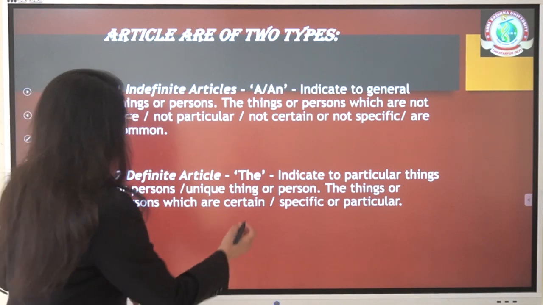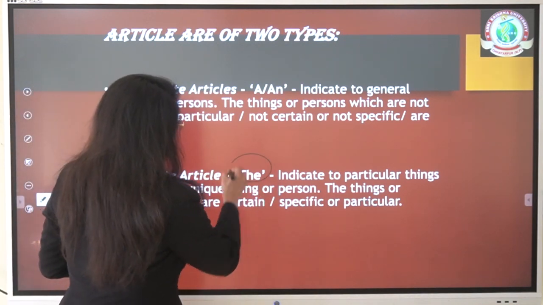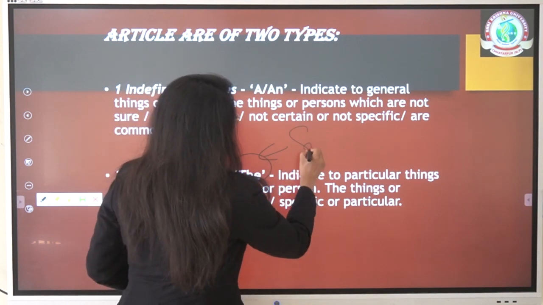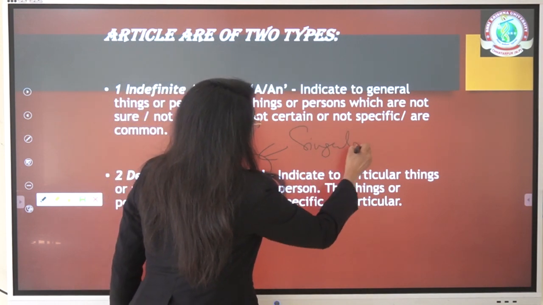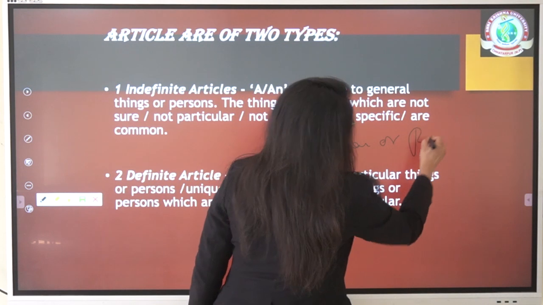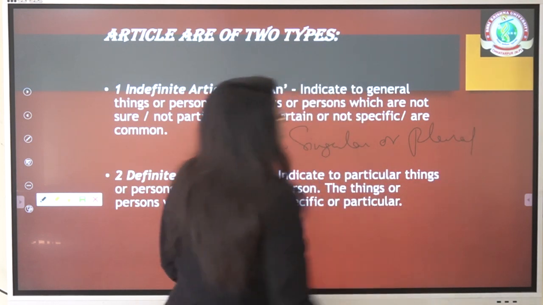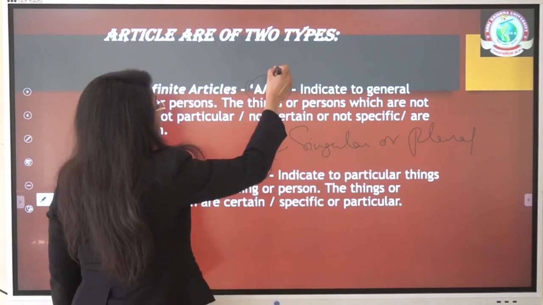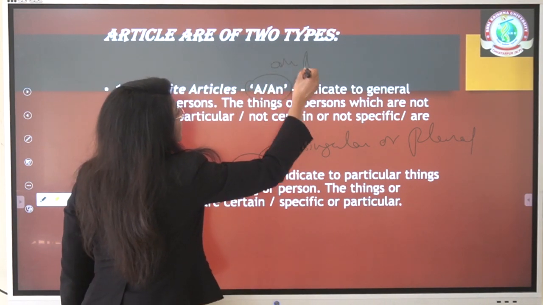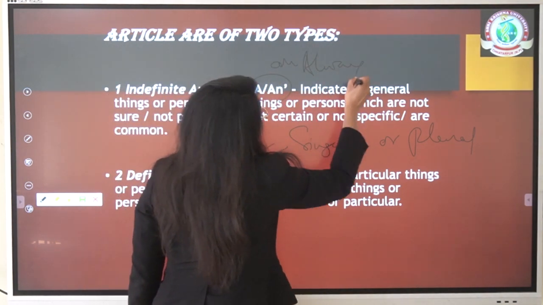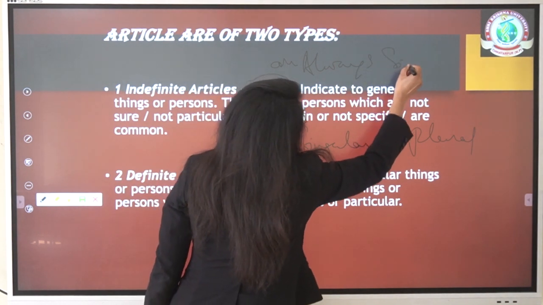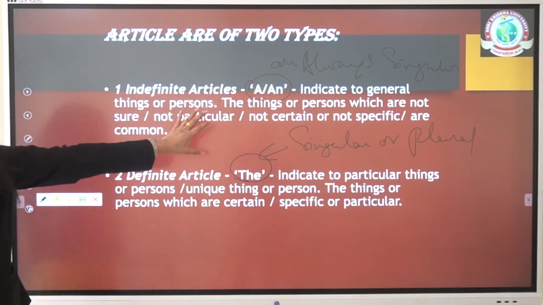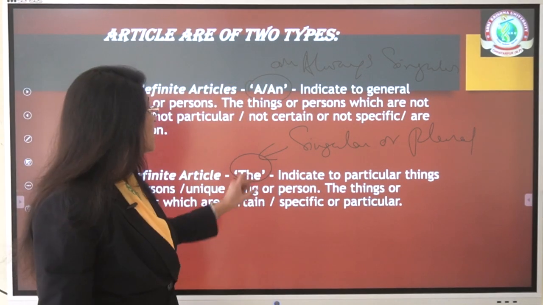This the is always, it can be singular or plural. Whereas a and an, these articles are always singular. So this is a very important fact which you need to keep in mind. Why?